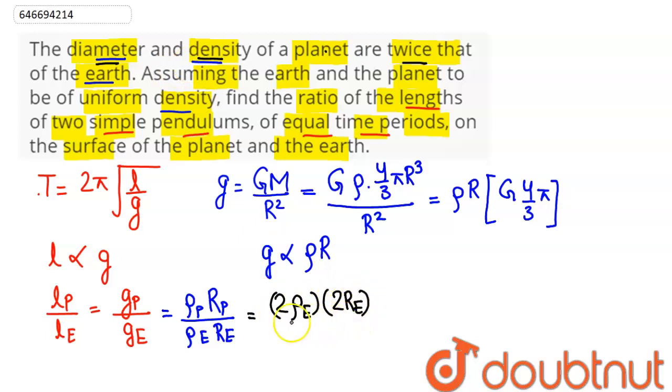So 2 times Re divided by, in the denominator, density of the Earth and radius of the Earth. So this becomes 4. So the ratio of the lengths of the two pendulums will come out equal to 4. Hence 4 is our final answer.